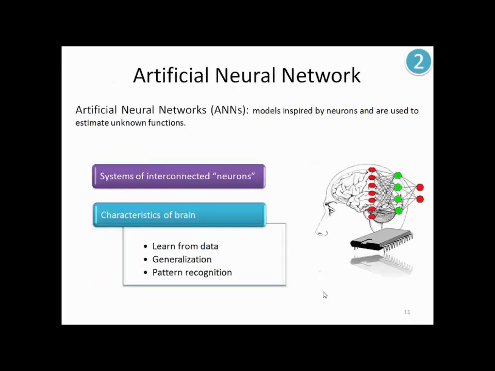But we also want to add some extra artificial intelligence, and we use artificial neural networks. That is a computational model inspired by the human brain and the nervous system, and it is used to estimate a lot of inputs and try to obtain a known function. These are systems of interconnected neurons, and they try to emulate the human brain.